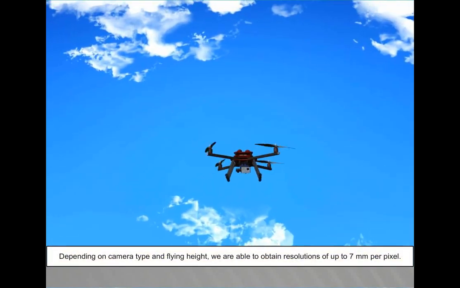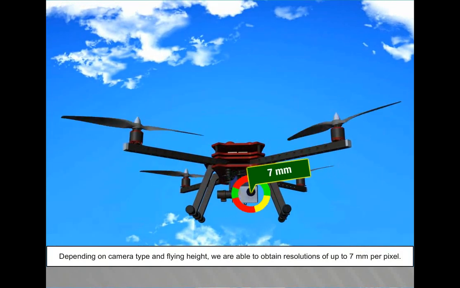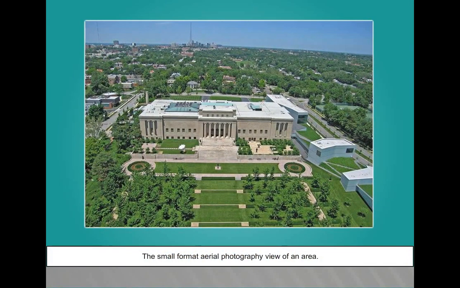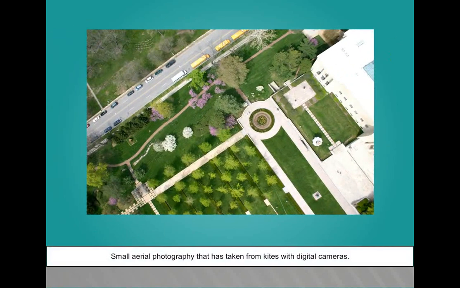Depending on camera type and flying height, we are able to obtain resolutions of up to 7 mm per pixel. The small format aerial photography view of an area. The small aerial photography that is taken from kites with digital cameras.